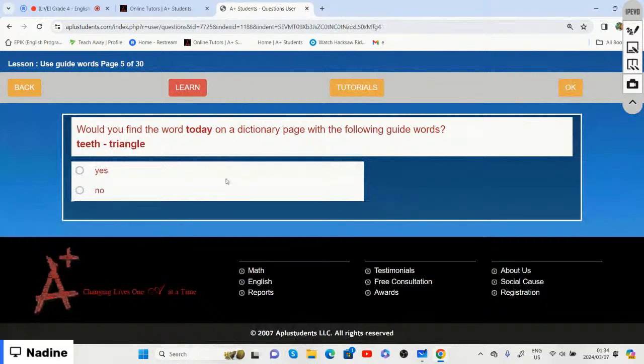Would you find the word today on the dictionary page with the following guide words? Teeth and triangle.